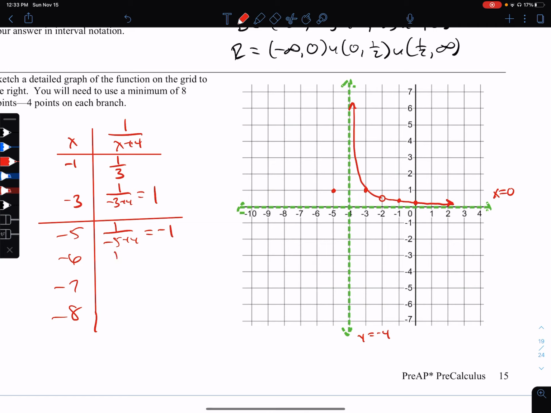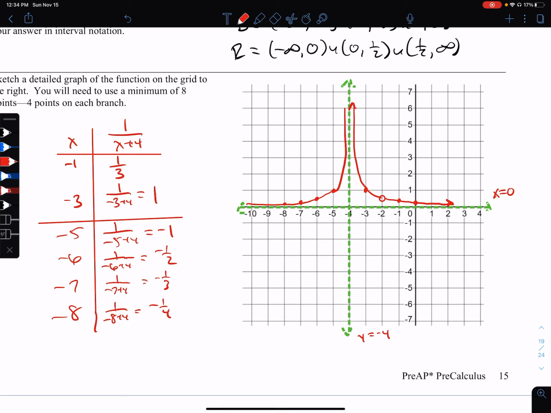Put -6 in, we're going to have 1 over -6 plus 4, it's going to be -1/2. If we were to put -7 in, we would get -1/3. We just keep getting closer to the horizontal asymptote. If we put -8 in, we're going to get -1/4. So hopefully this gives you a good enough idea of what's going on here. If it doesn't, add some more points.